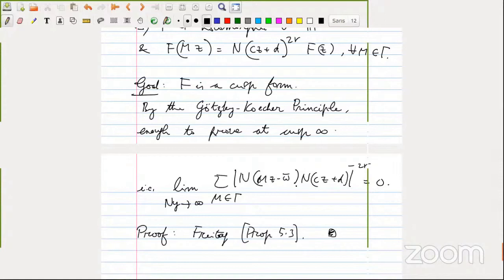Which means that it is enough to take the limit, instead of saying y goes to infinity, as the imaginary part of w goes to infinity. That's the thing which one has to observe, and then there are some bounds which one has to establish.